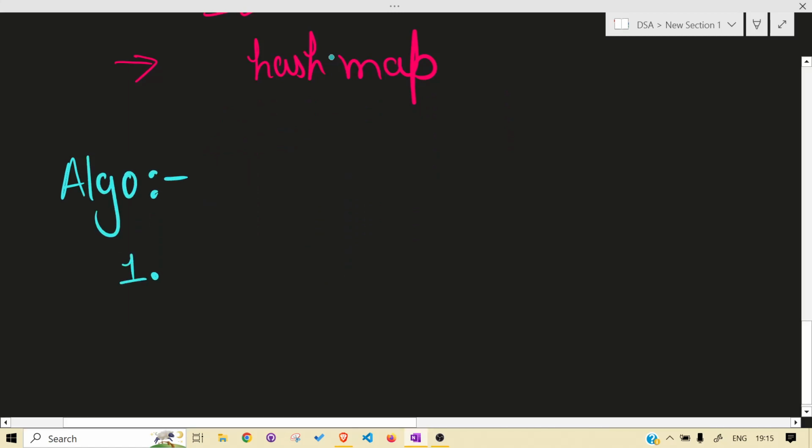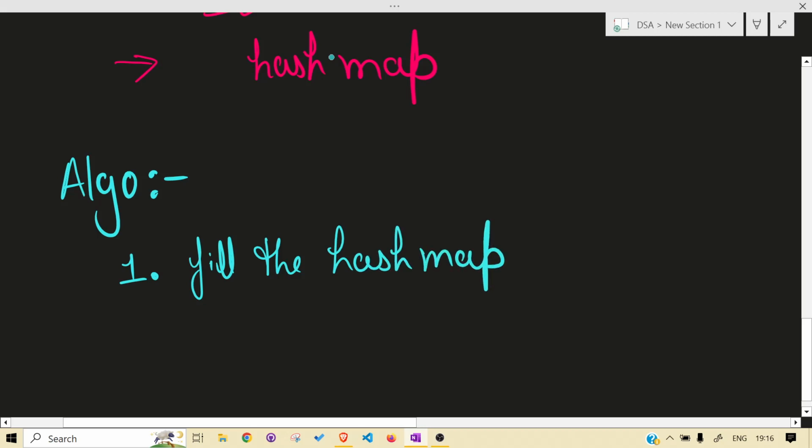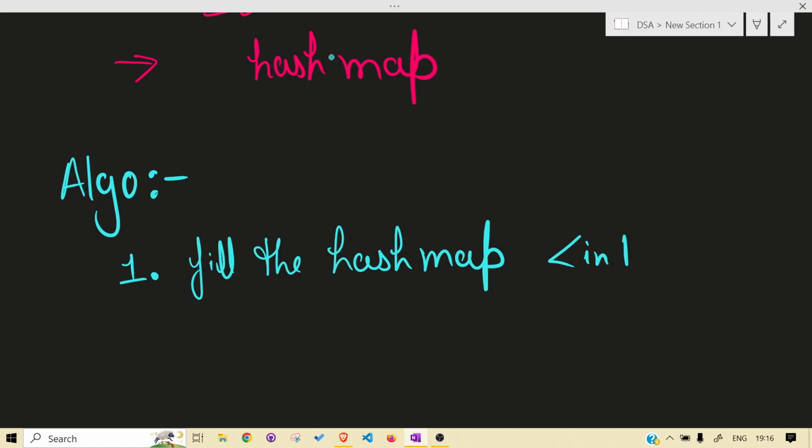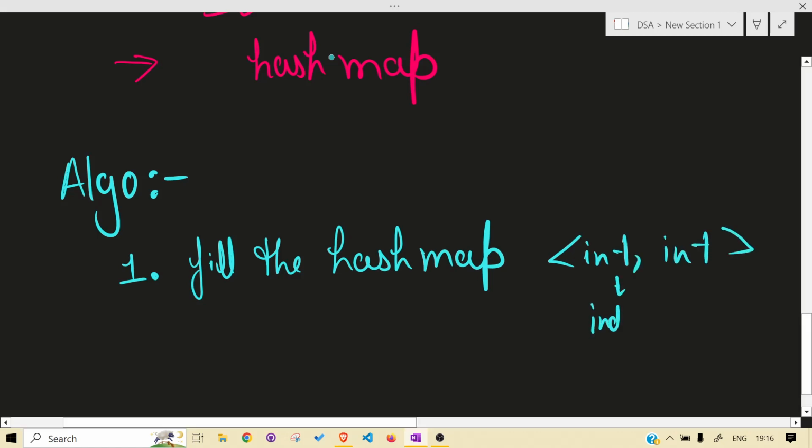Our algo is very basic. We will fill the HashMap, a map of int comma int. This will be the index, and this will be the frequency of joints at that particular index.